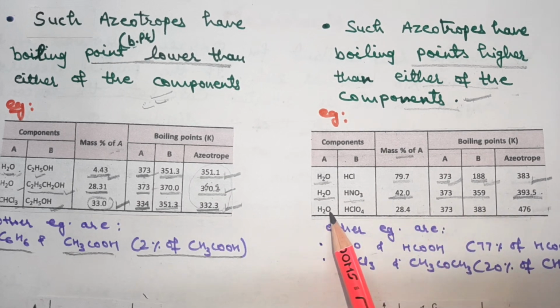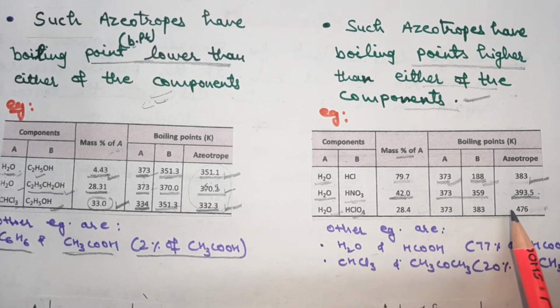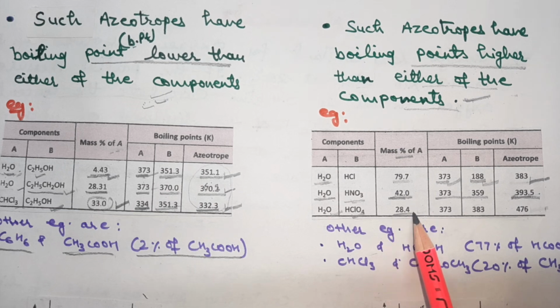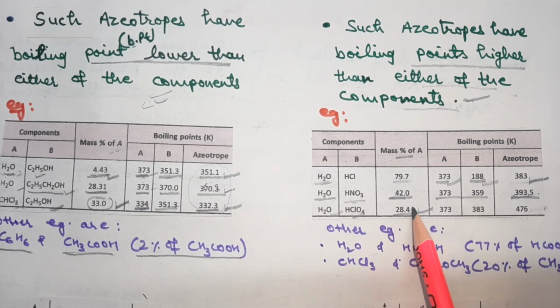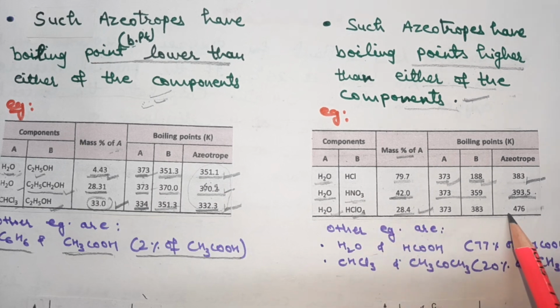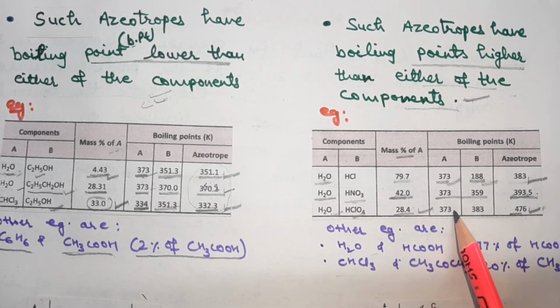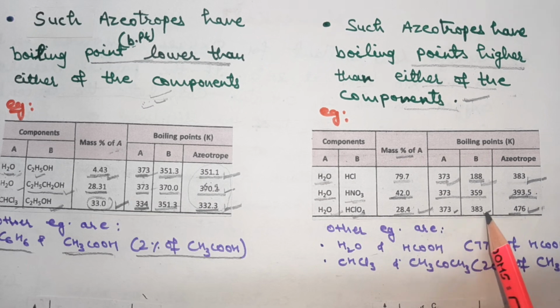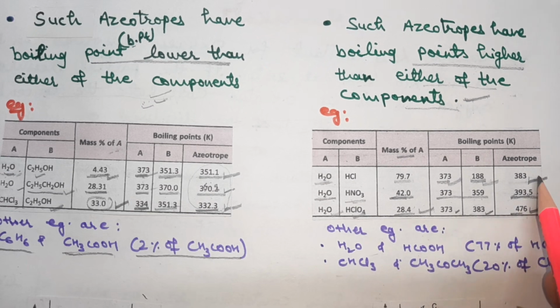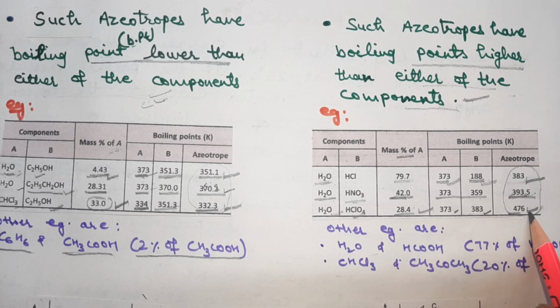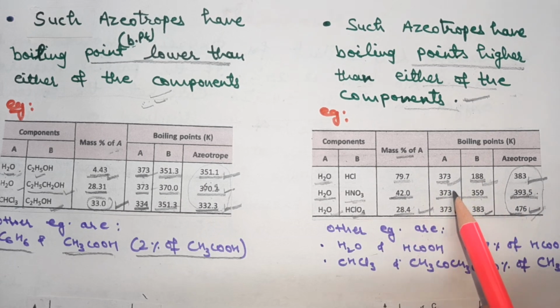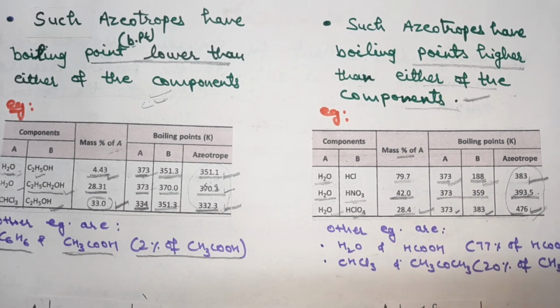Next is water and परक्लोरिक एसिड. सो इसका भी जब 28.4% मास परसेंट वाटर की अटेन होती है, देन इट फॉर्म्स द एजियोट्रोपिक मिक्सचर. सो इसका भी बॉइलिंग पॉइंट जो है वो वाटर और परक्लोरिक एसिड के बॉइलिंग पॉइंट से ज़्यादा है. So in all these 3 examples the boiling point of azeotropic mixtures is more than the boiling point of their respective components.